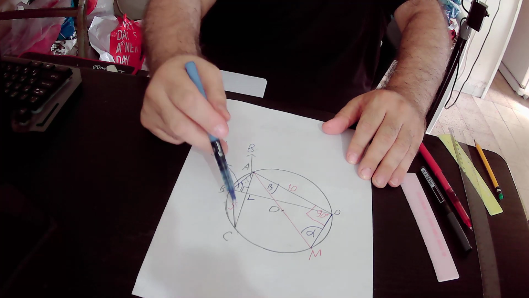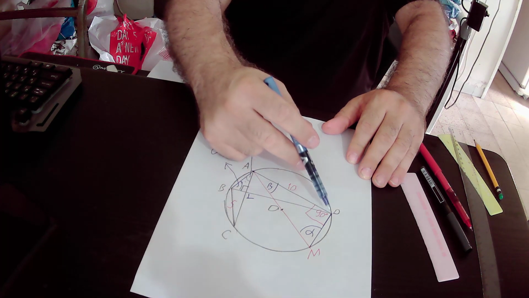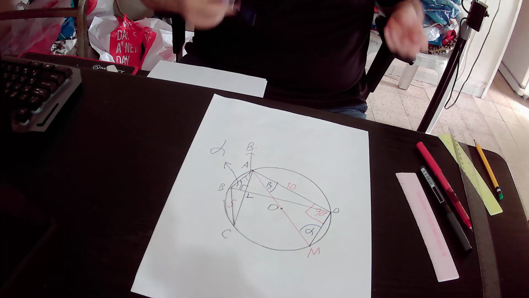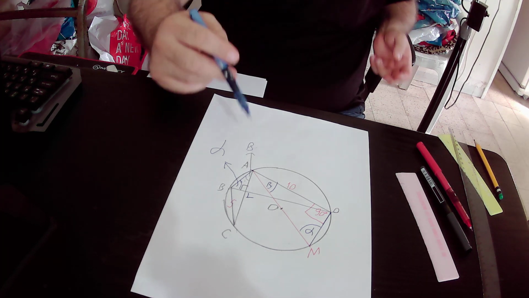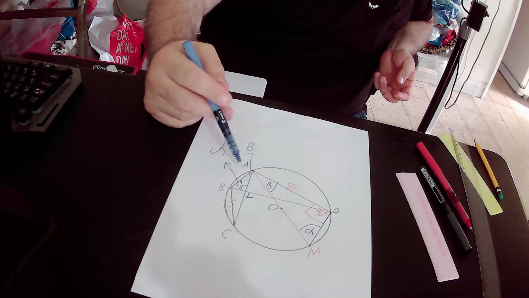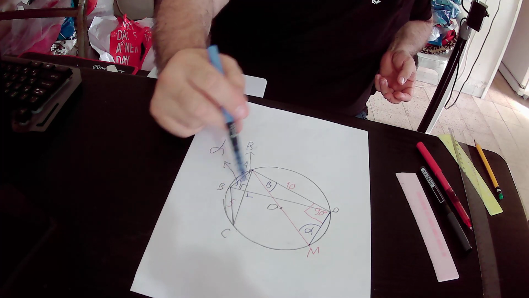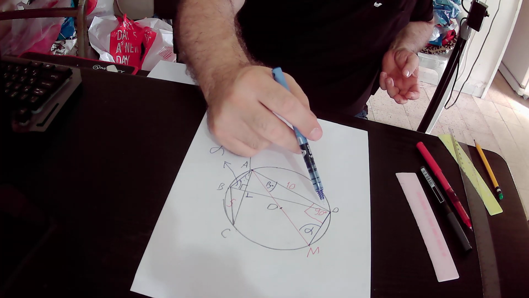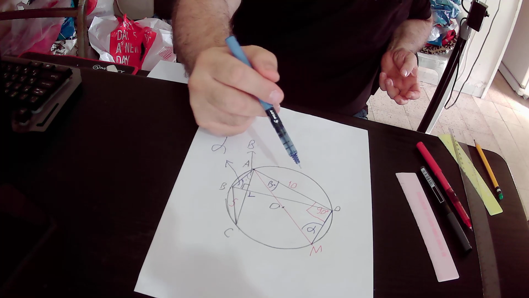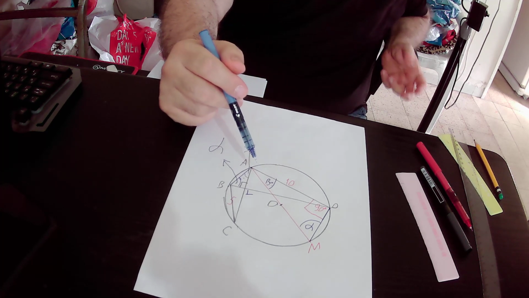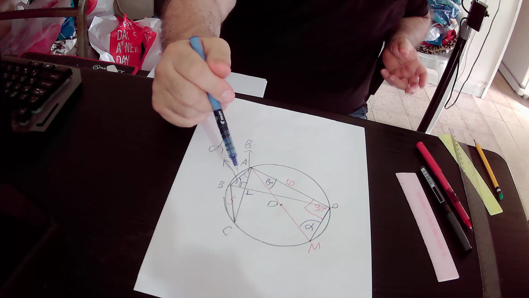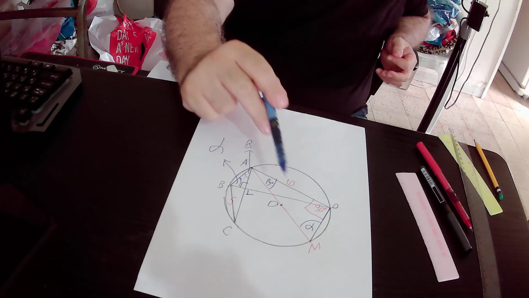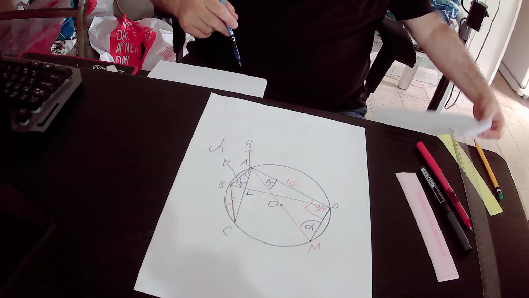So BC equals MD, because equal peripheral angles rest on equal chords. So chord BC equals chord MD. Okay?